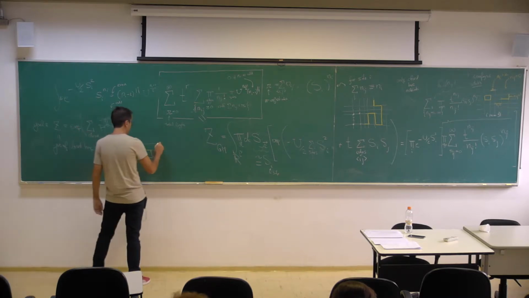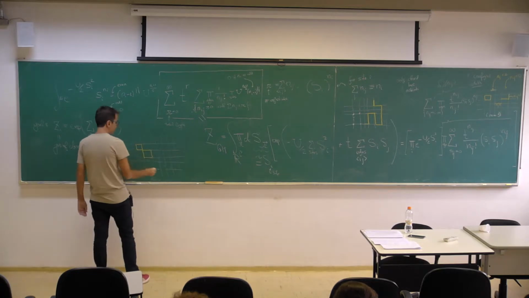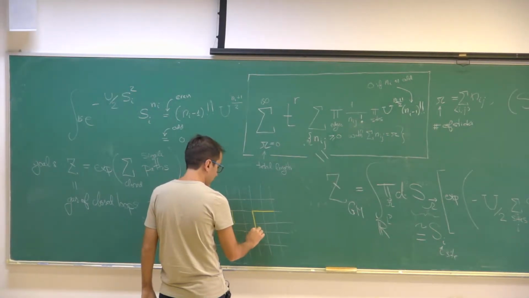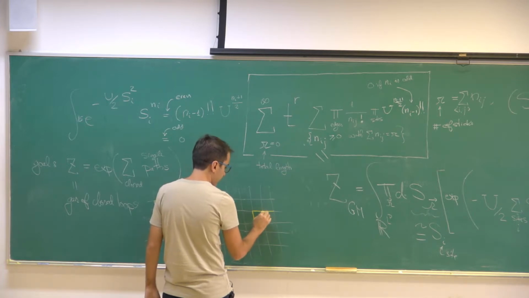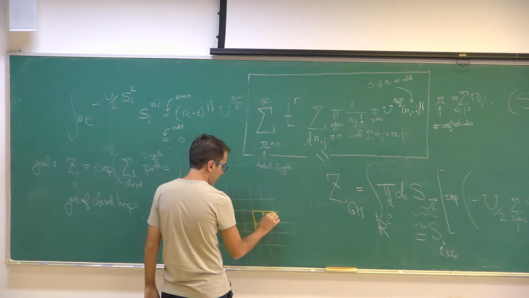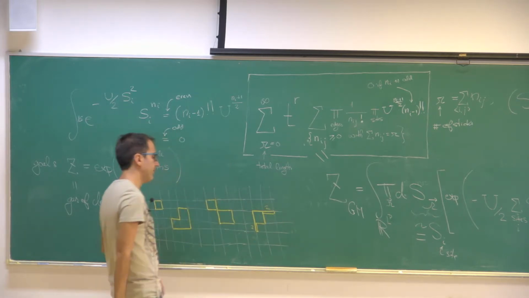Or configurations, okay, one more here. Just to give you an idea that this could be a bit subtle, where I have a configuration like this, that is with a 2 here and a 2 here.